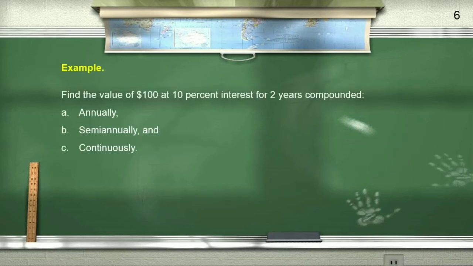Now we are going to do an example of a real world problem. In this case, we are given the value of $100 at 10% interest for 2 years, compounded annually, semi-annually, and continuously.